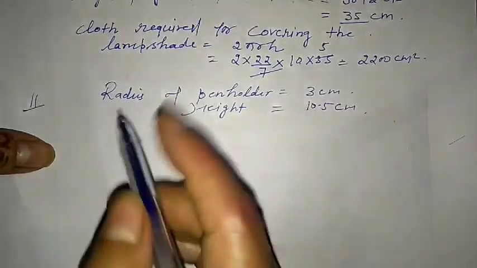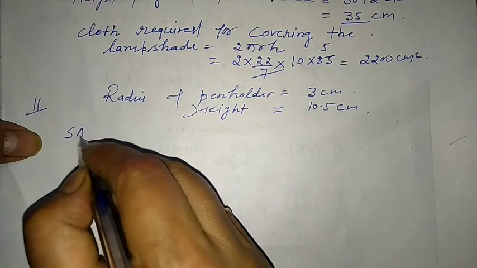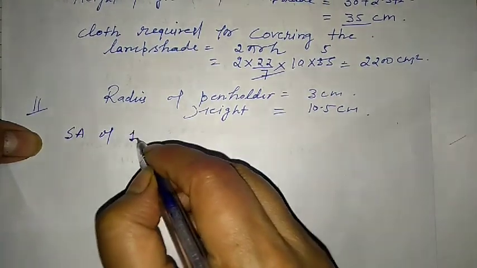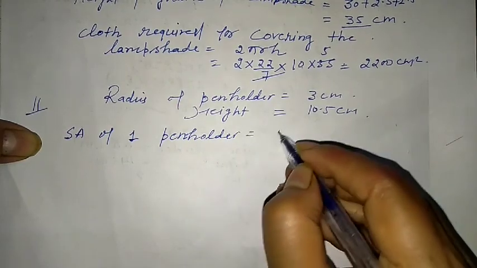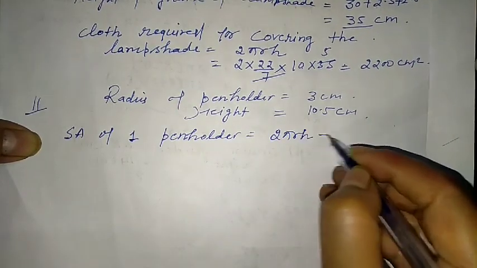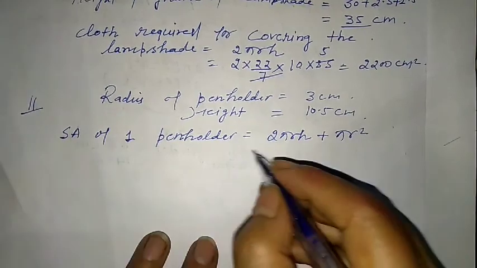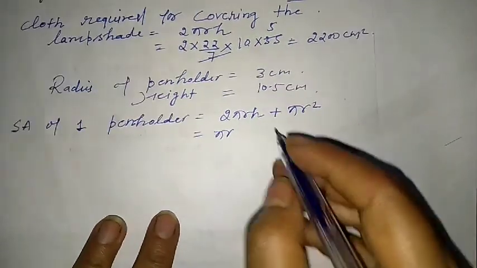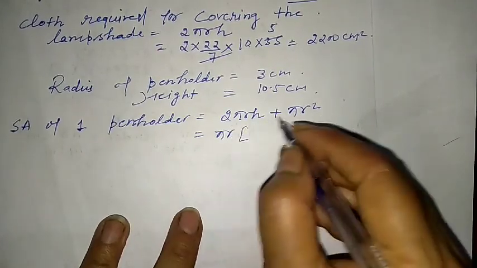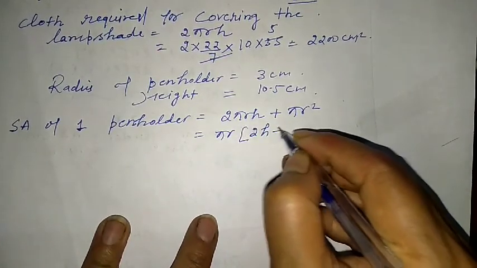So here we are having surface area of one pen holder, that is equals to curved surface area plus base. This is the base, top नहीं है उसमें. So here we can take pi r common. This is 2h plus r.